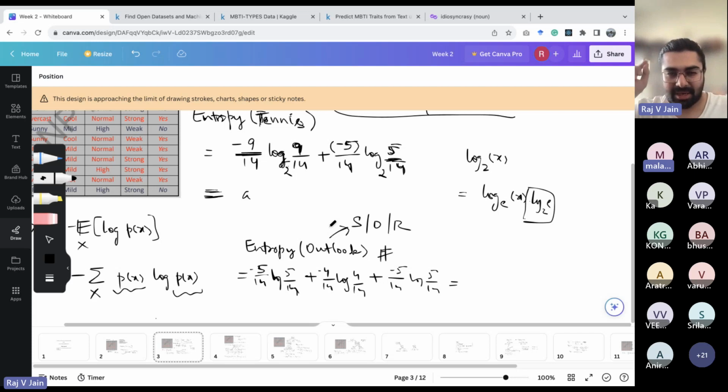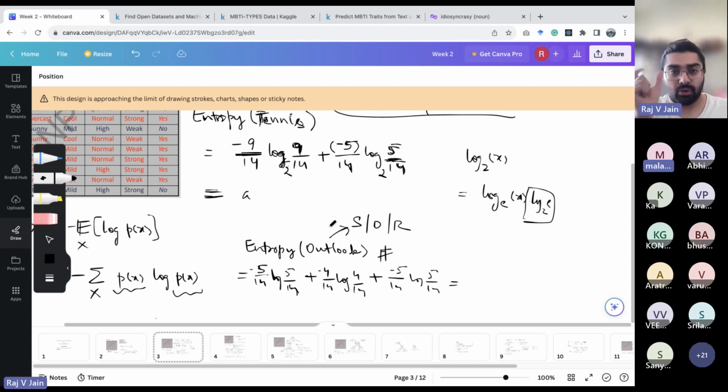Let me make a small clarification. If I say that the weight of this particular object is 1 kilogram versus I say the weight is 1,000 grams, is it different? No. That's the argument that I have, because when you say log base 2, you're calculating in units of bits. If I take log base e, you can take it in units of nats.